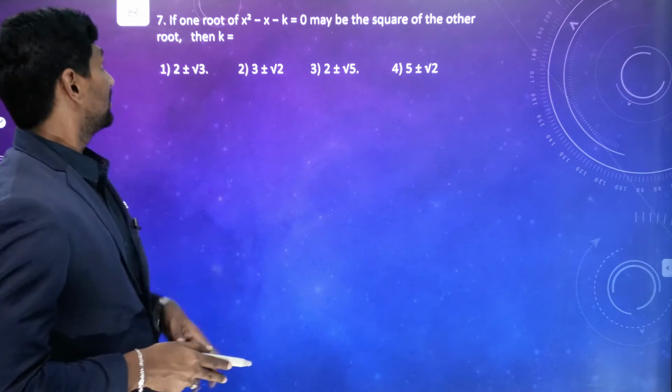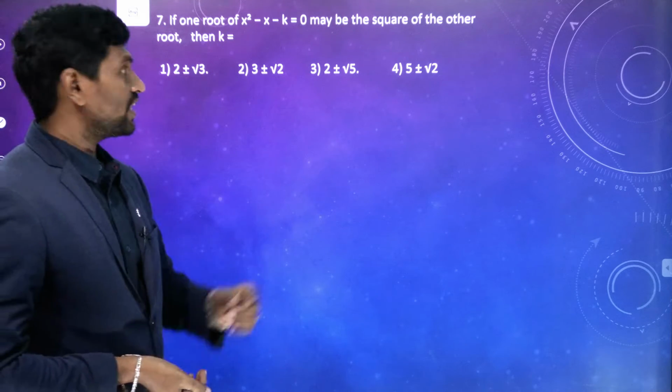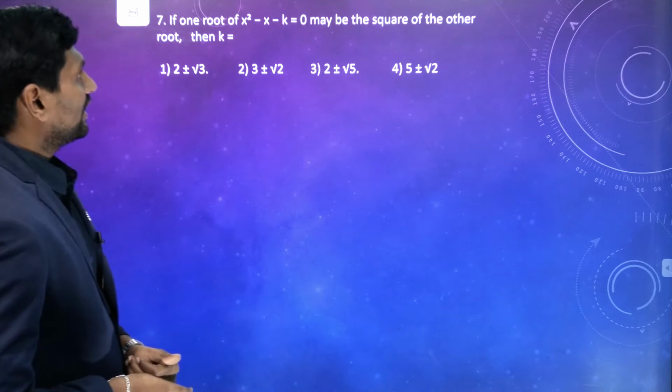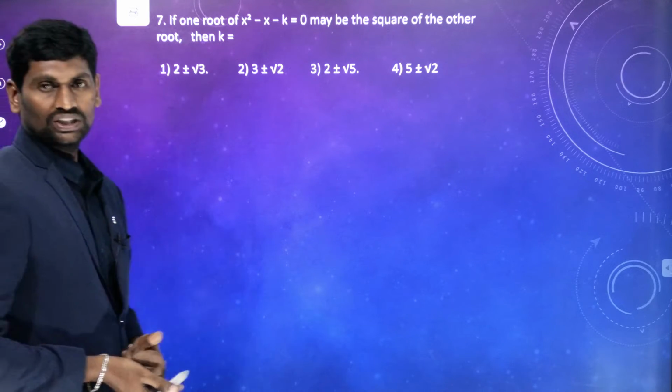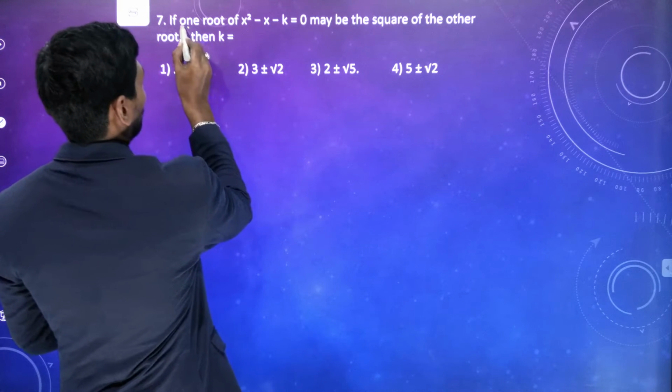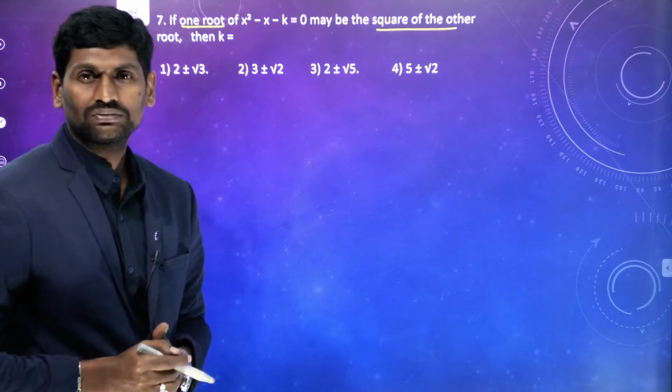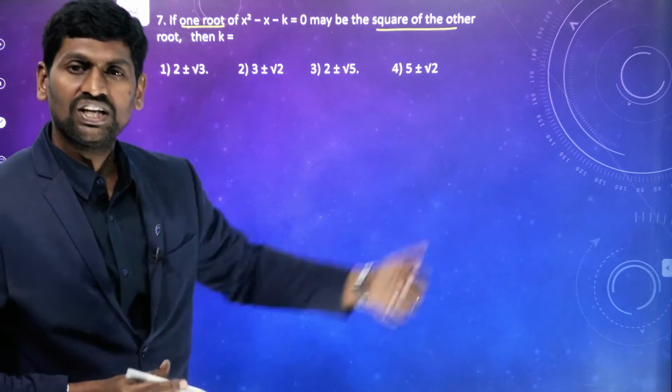7th one. Roots of the quadratic equation, one root is the square of the other root.